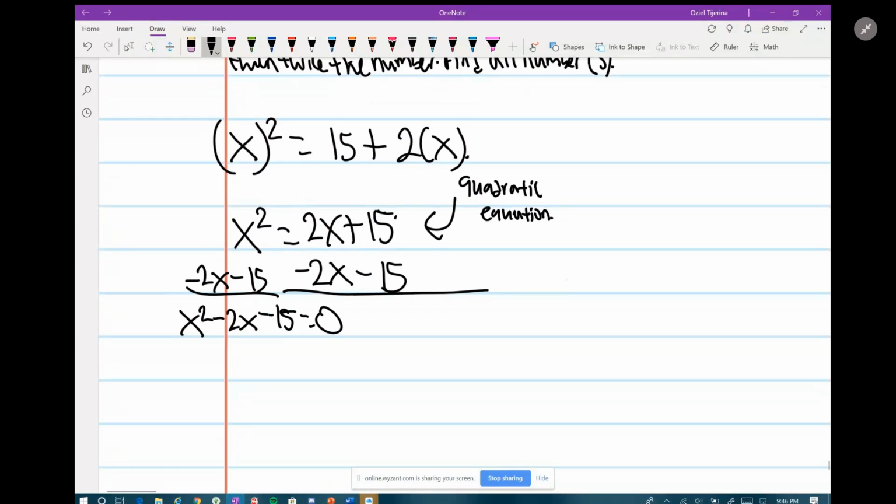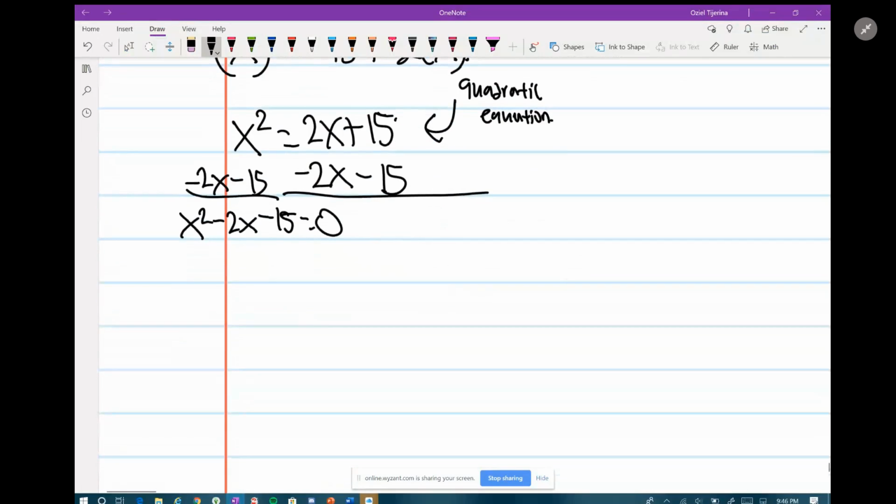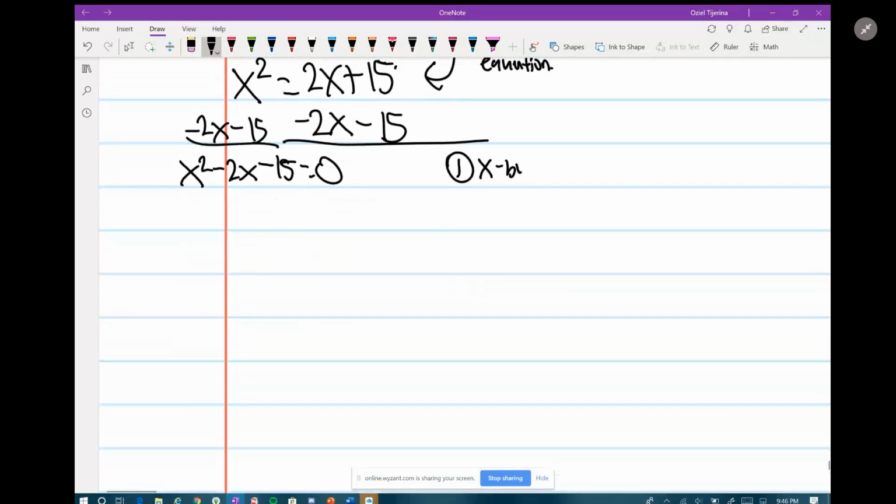Then you can solve it two ways. Number one, you can do x box. Number two, you can do the quadratic formula. And I think I'm going to do both of those ways, so that way you know how to do it, just in case you want to know.